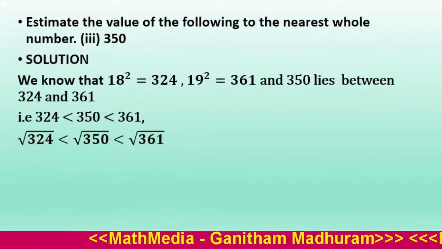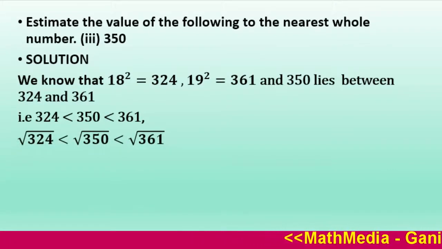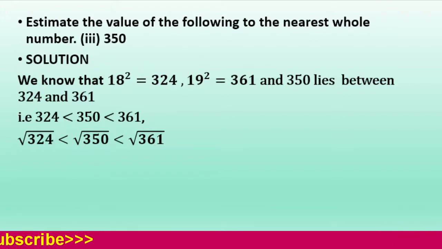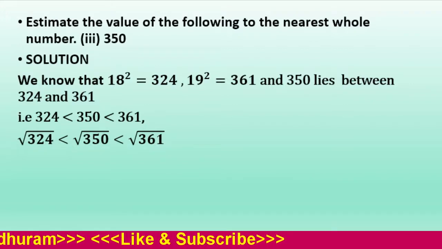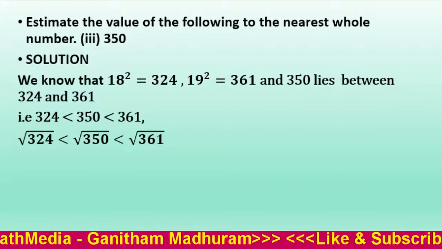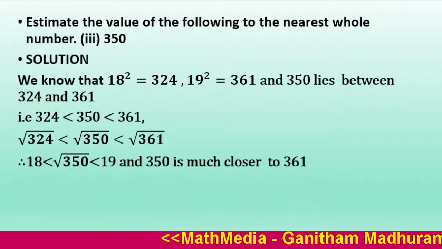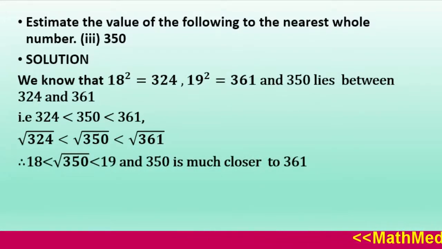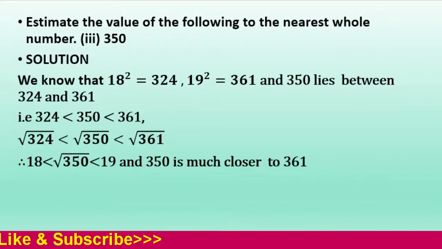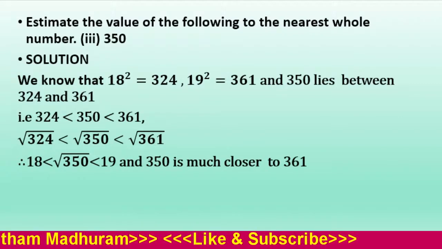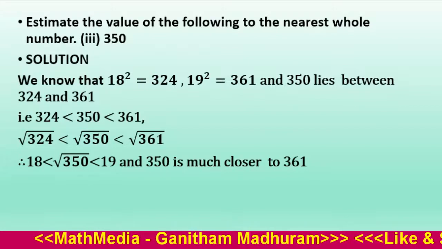Taking the square root, we will get root 324 less than root 350 less than root 361. That is 18 less than root 350 less than 19. Also find the difference between 350 and 361. Similarly 350 and 324.